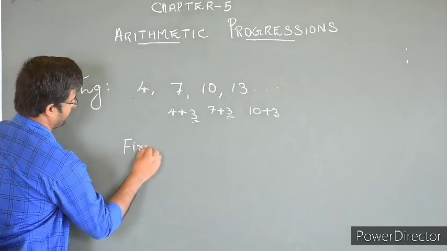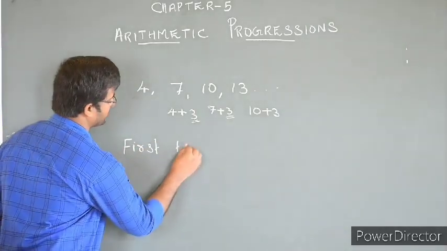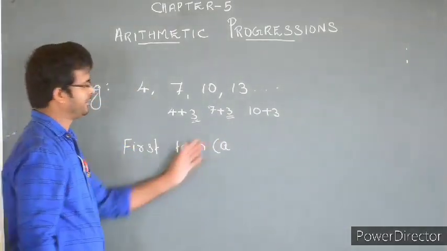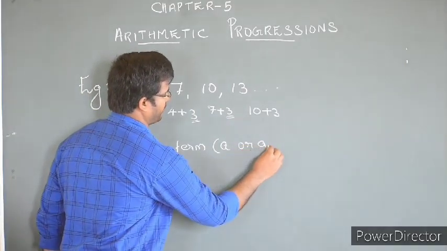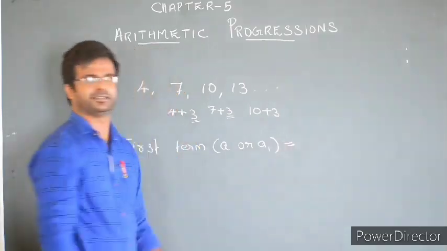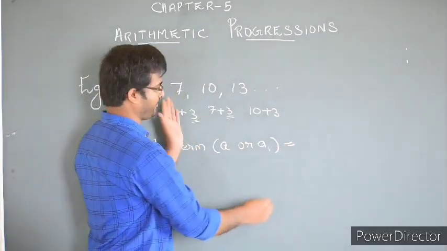In here, from this arithmetic progression, we can write the first term. The first term we will always represent with small letter a. Sometimes we will use A1 also. A or A1. Then in this progression, a is 4.